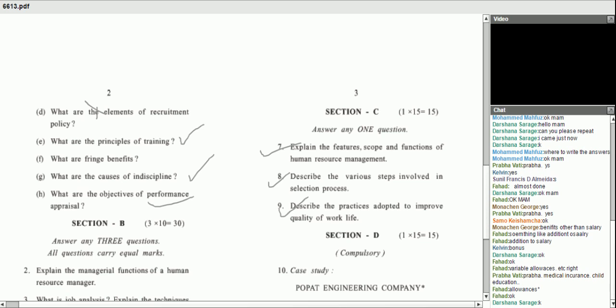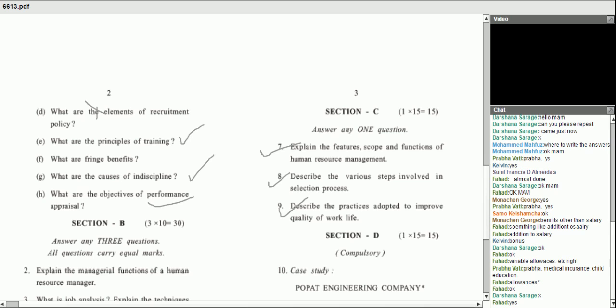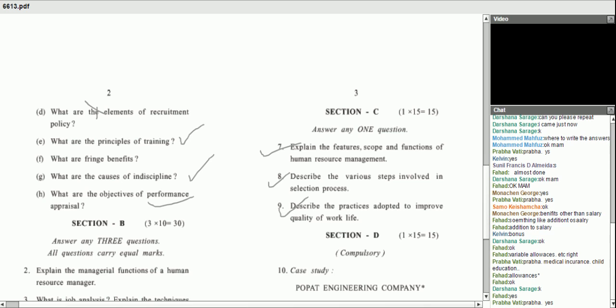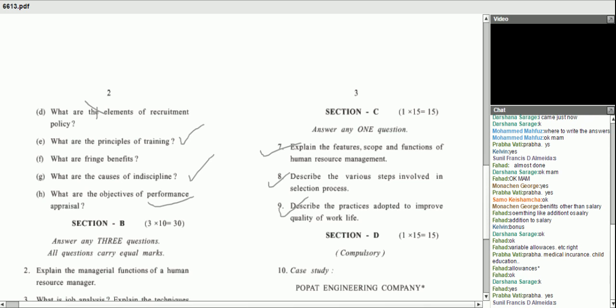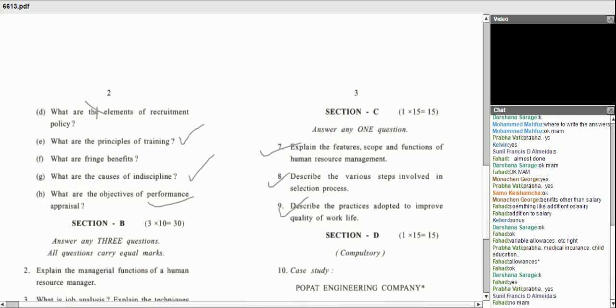Is it clear, everyone, what fringe benefits are? Is it clear? Any questions? Okay, so I'm going to put the documents on the board. Let me teach you properly what fringe benefits are, then you can answer these questions, okay?